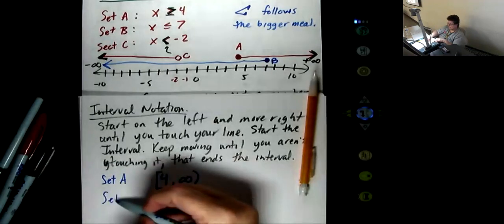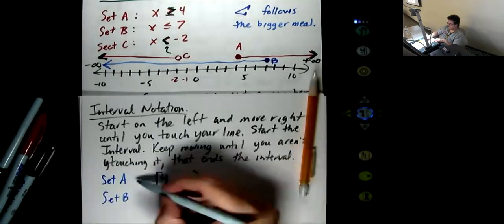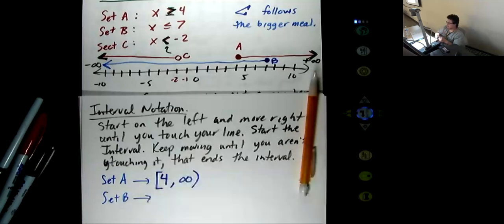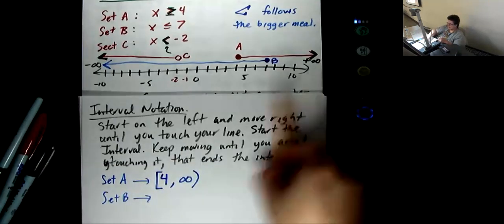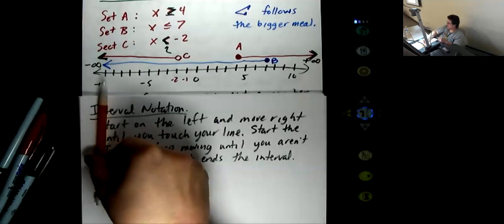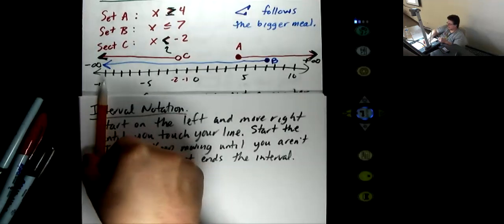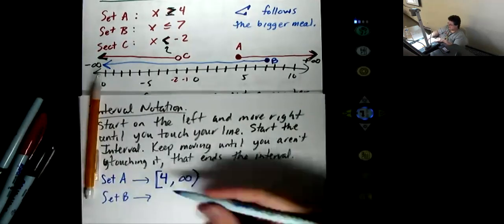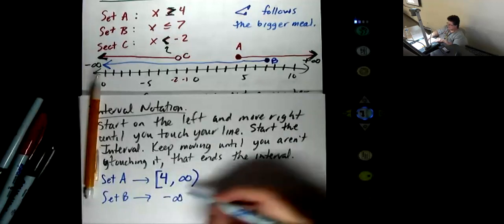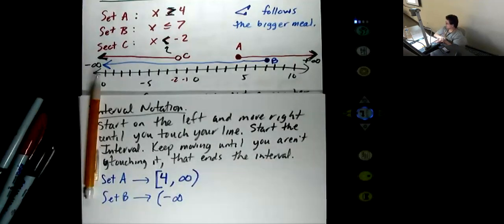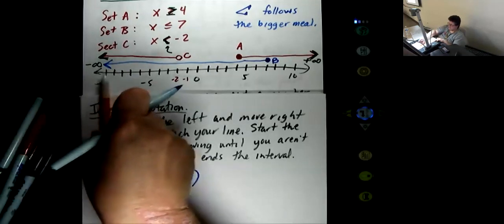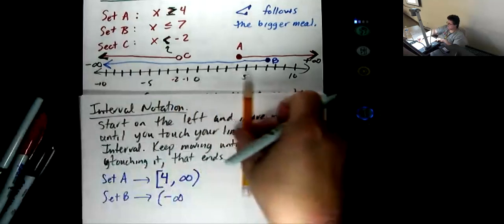Set B. I start the number line and I hit the blue line right away. I hit the blue line at negative infinity. Infinities always get parentheses. I keep going until the blue line stops.